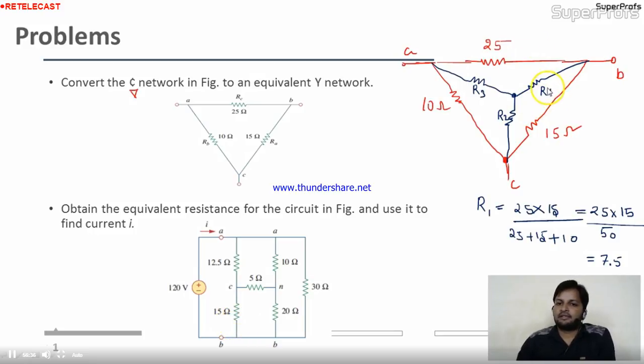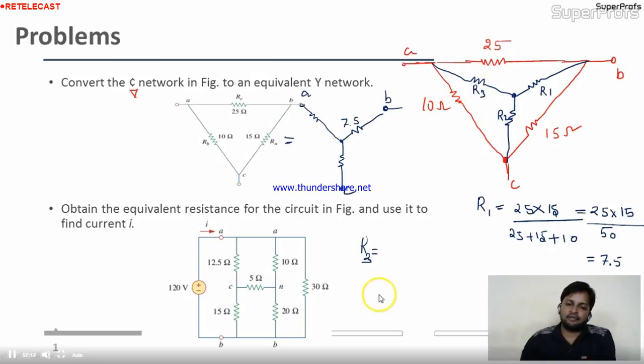Absolutely correct. So this R1 is 7.5, the equivalent of this circuit. The point is same, B. This point will be connected with C, and this point will be connected with A. R1 is over. Come to the R2 now. R3 is connected with 10 into 25.